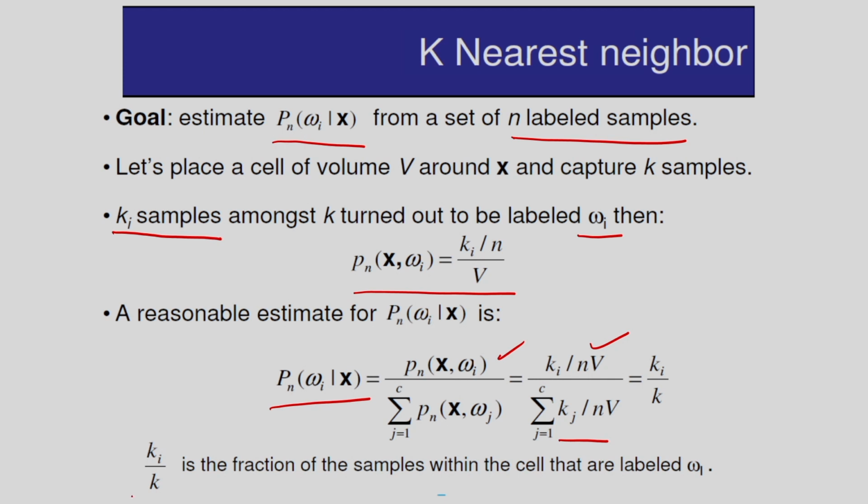This ratio, ki divided by k, gives the information of the posterior density. So we have to determine the ki number of samples corresponding to the class wi. If I can determine the ratio ki divided by k, then I can determine the density Pn(wi|x).